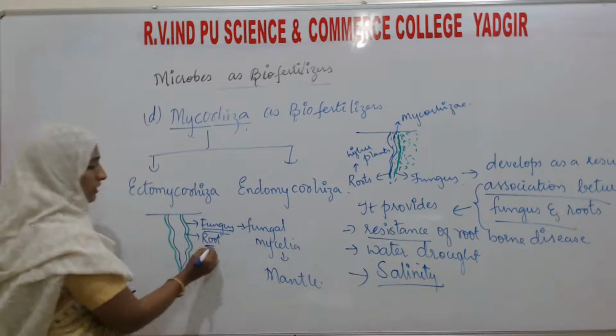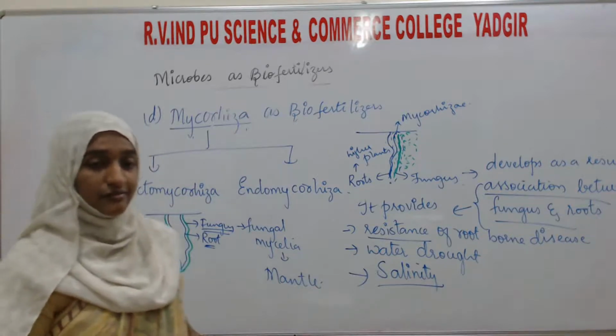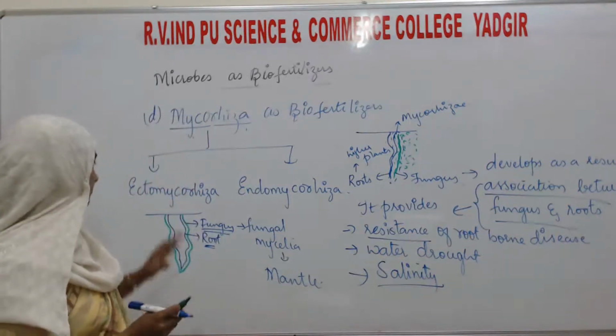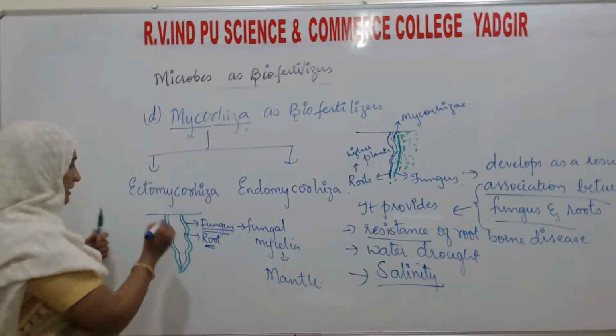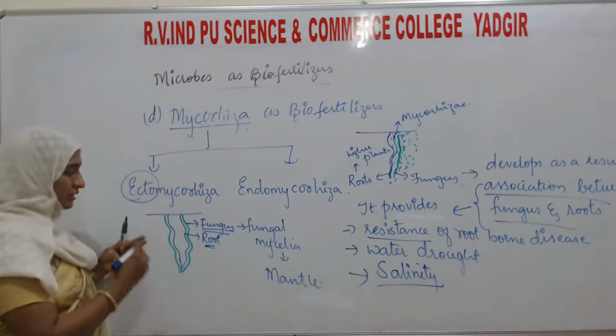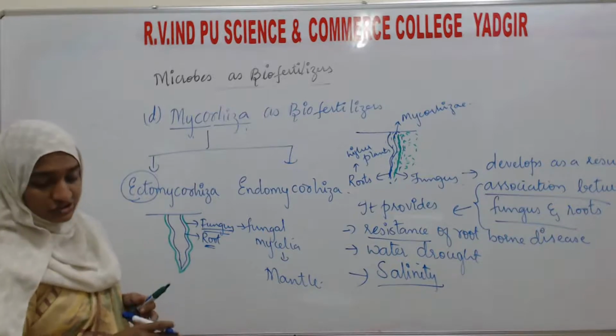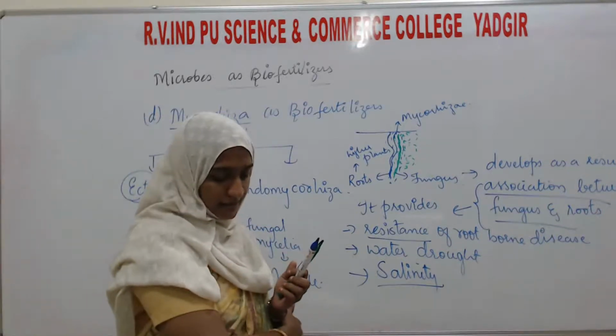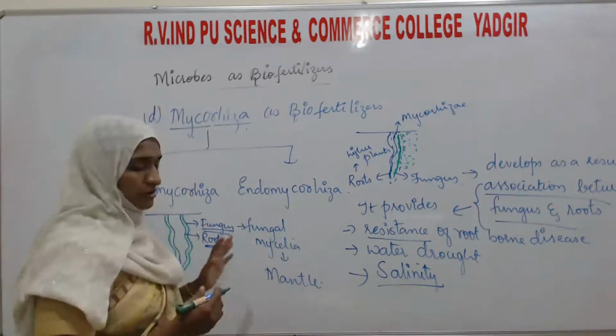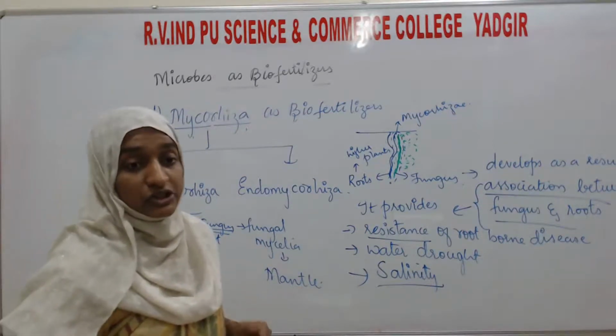Mantle over what? Over the root. In this way, outside the root, ecto means outside. In this form, there is an association between the roots and the fungus. That is how they are beneficial to each other.